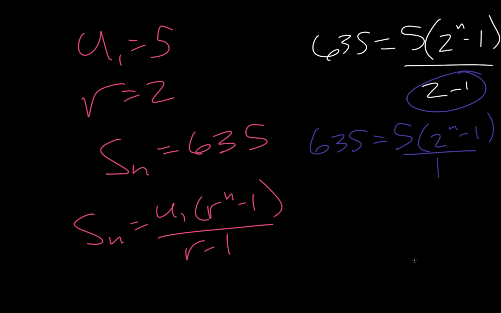We don't have to worry about it if the bottom of a fraction is a 1, we can just get rid of it. Okay, let's distribute. 5 times 2 to the n minus 5 equals 635.